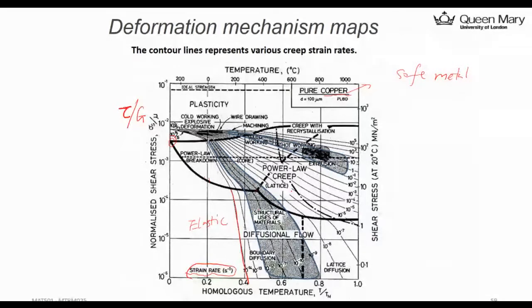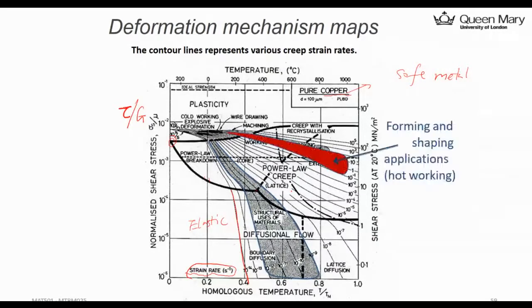Okay, and for the engineering application, you will see here, I highlight here, only this region is of interest. It is used for forming or shaping. So basically you make your copper rod into a sheet of material, like a copper film, or copper wire or something. That's the temperature and the stress normally used for forming and shaping.